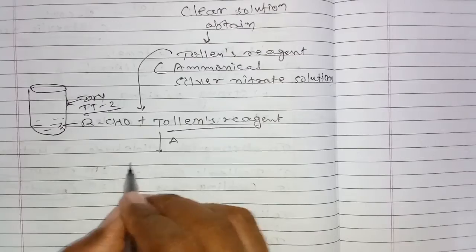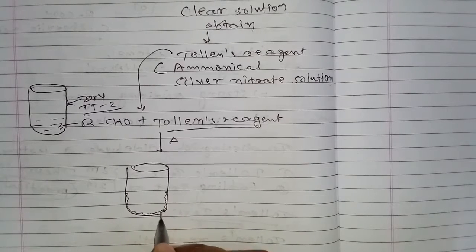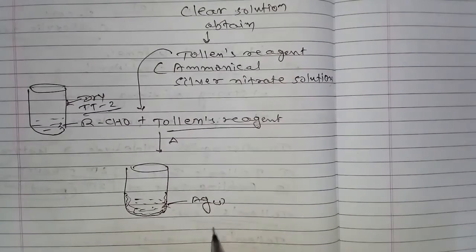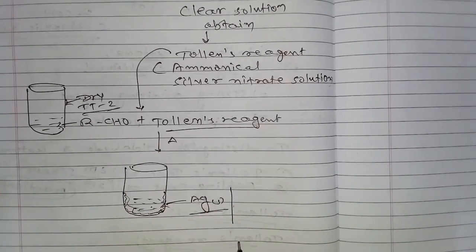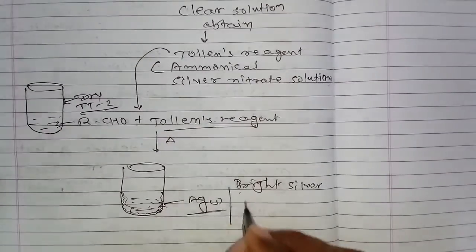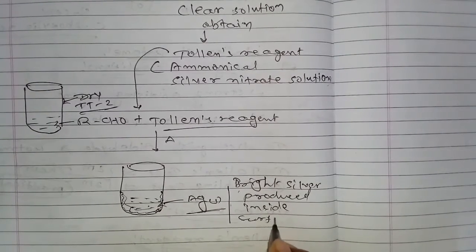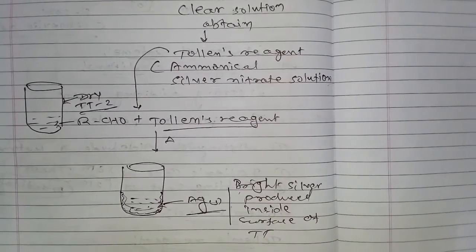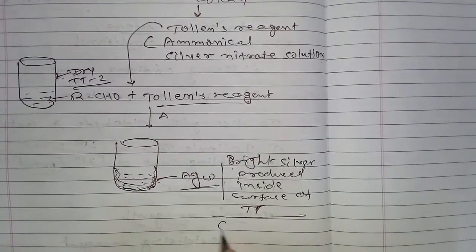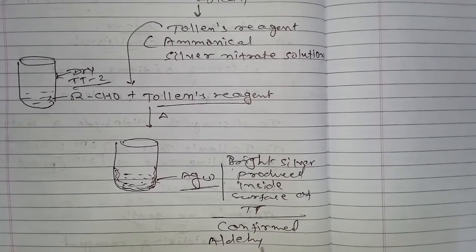Inside the surface of the test tube, bright silver is produced, at the bottom or side surface. That confirms that aldehyde is present.